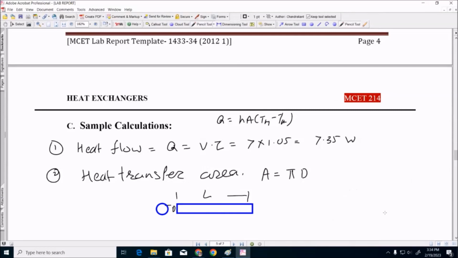If I open this, it becomes a rectangle of pi d by length L, so the area is pi d L. This area is very important. Now the area is pi into 0.01 into 0.07, which is equal to 2.199 into 10 to the power minus 3 meter square.